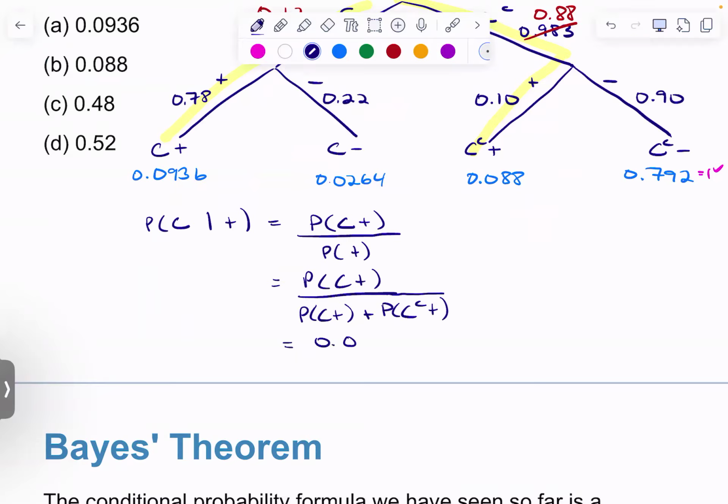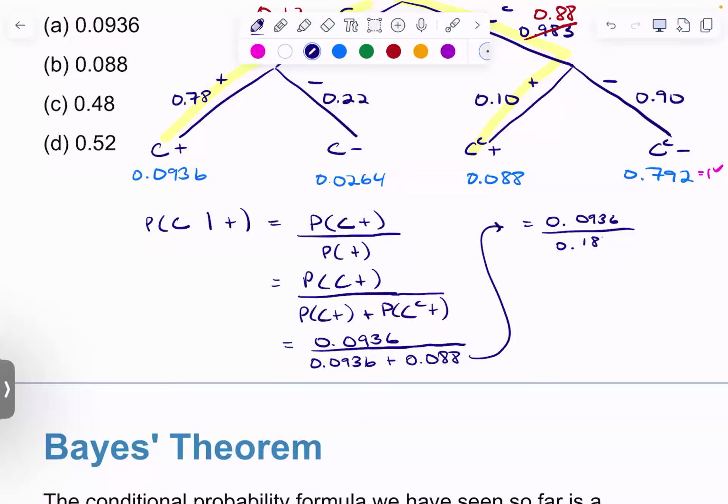I get 0.0936 divided by 0.0936 plus 0.088. 0.0936 divided by 0.1816.